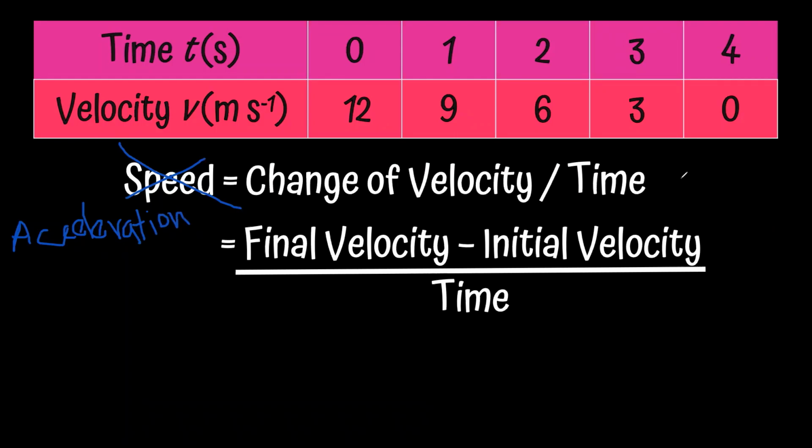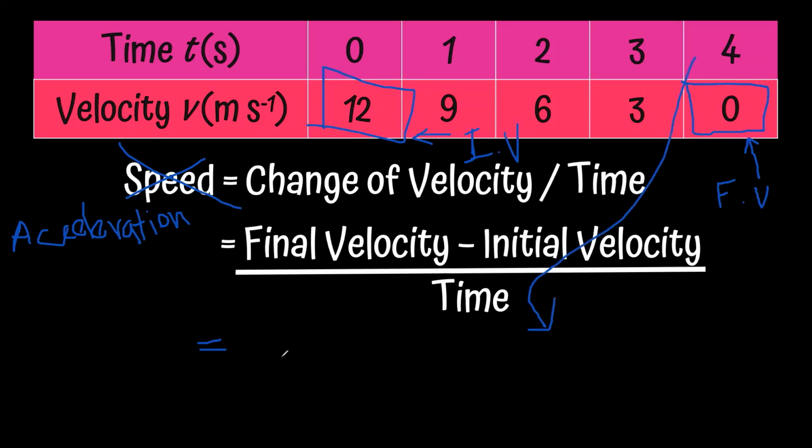Change of velocity divided by time is the equation to find acceleration, and change of velocity is final velocity minus initial velocity. In this case, the final velocity is 0, and this is the initial velocity. The time is 4 seconds.